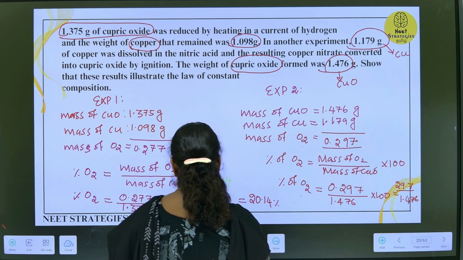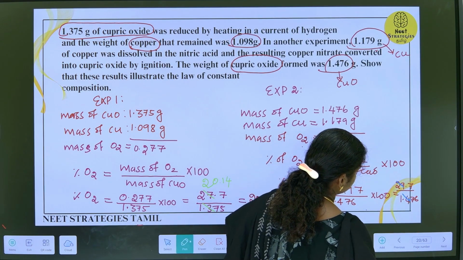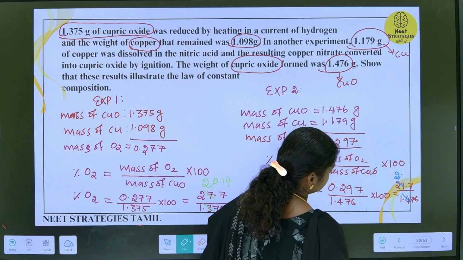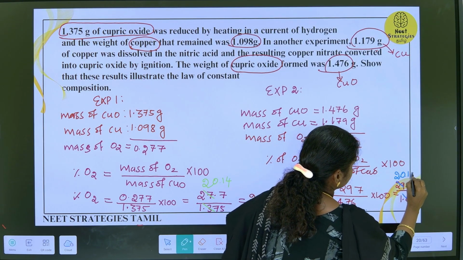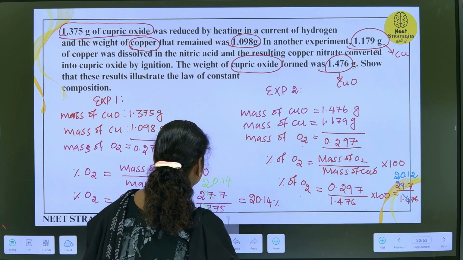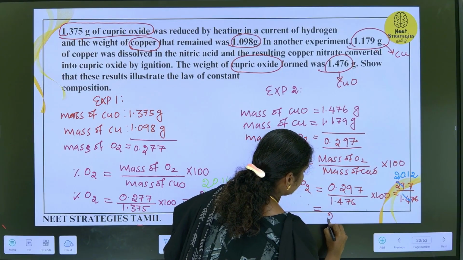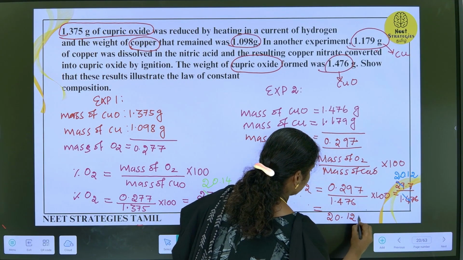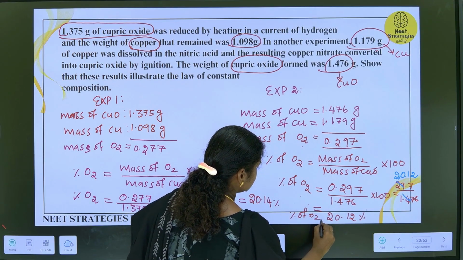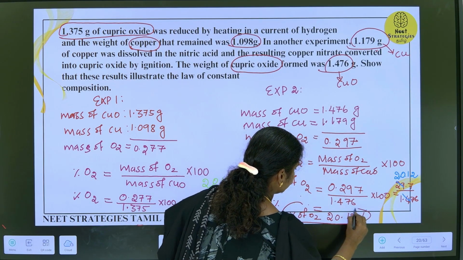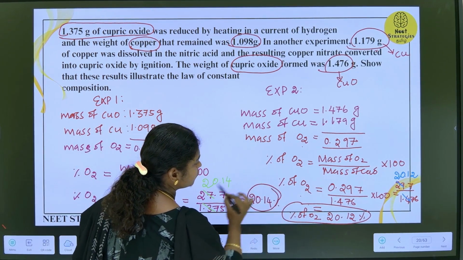Okay, so இதுல value நமக்கு என்ன கிடைச்சிருக்கும் அப்படினா, it is equal to 20.12%, ஓகேங்களா. Percentage of oxygen in the second experiment it is 20.12%. Here in the first experiment percentage of oxygen it is 20.14%.